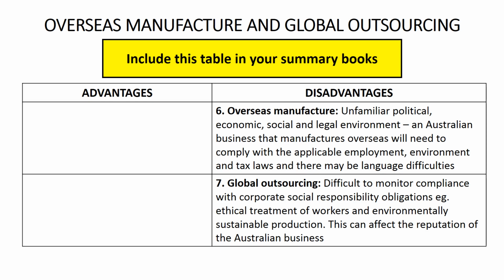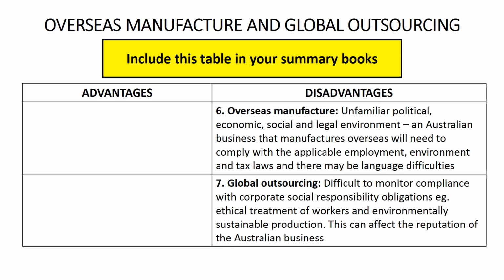A disadvantage that is specific to overseas manufacture is that where an Australian business undertakes overseas manufacturing, it's setting up and operating a production facility in another country. This other country will have a different political, economic, social and legal environment to Australia.